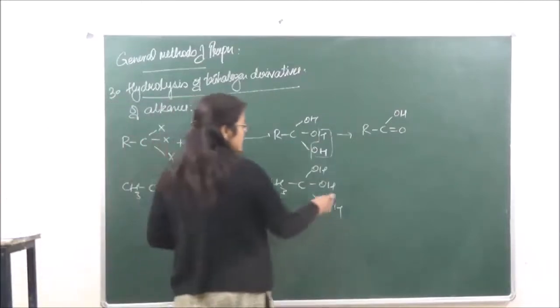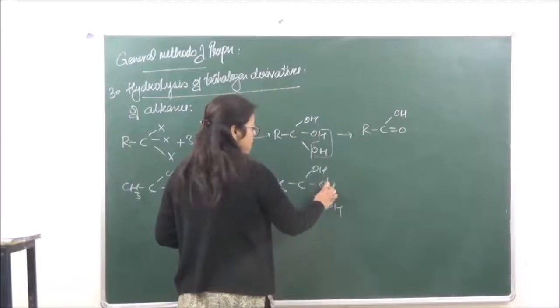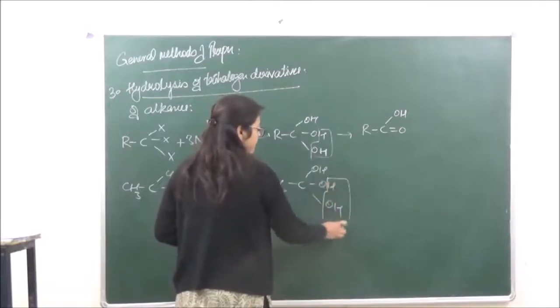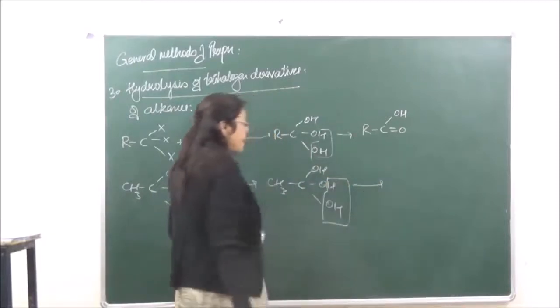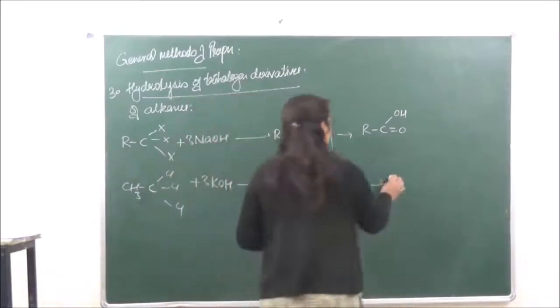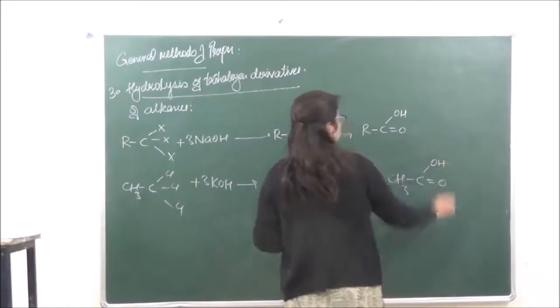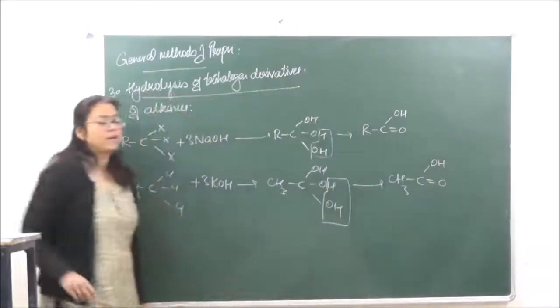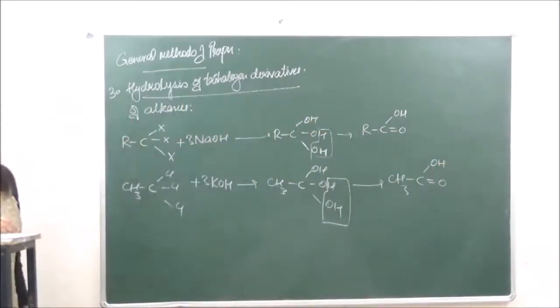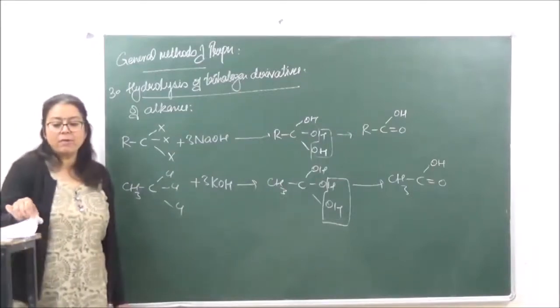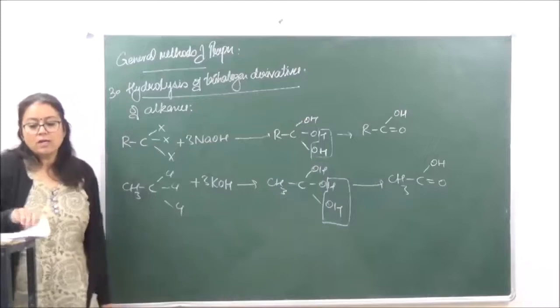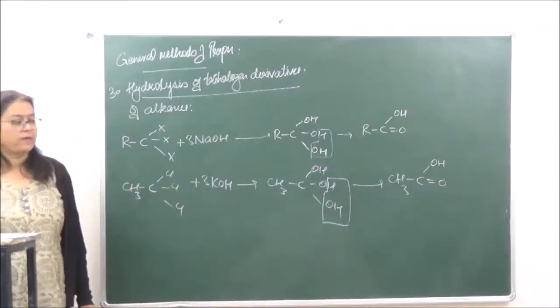And this is going to lose one water molecule over here to give us the respective acid. Okay? So this is how the acids can be formed by hydrolysis of terminal trihalogen derivatives.